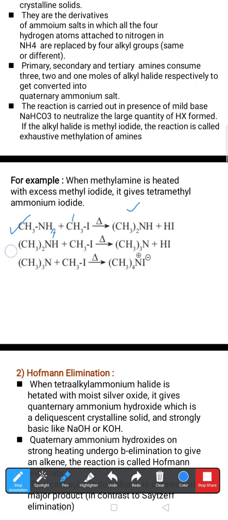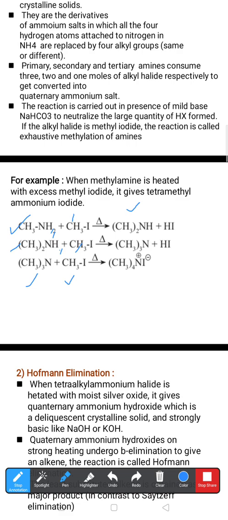Now this secondary amine is used as the reactant of the second step. (CH3)2NH is heated with CH3I. Again this hydrogen atom is replaced by a methyl group. That's why we'll get (CH3)3N, meaning trimethylamine, plus HI. Then we continue the reaction. (CH3)3N, trimethylamine, a tertiary amine, plus CH3I, by heating gives (CH3)4N plus I minus.